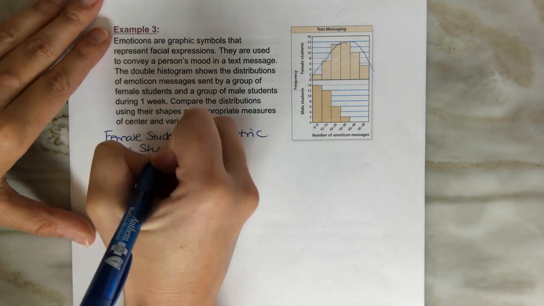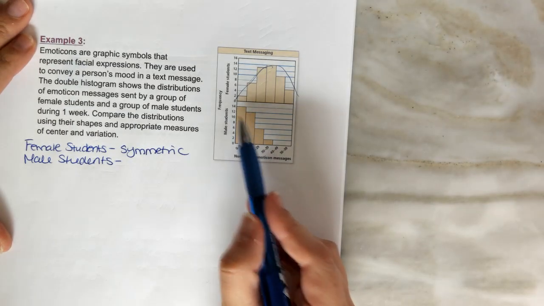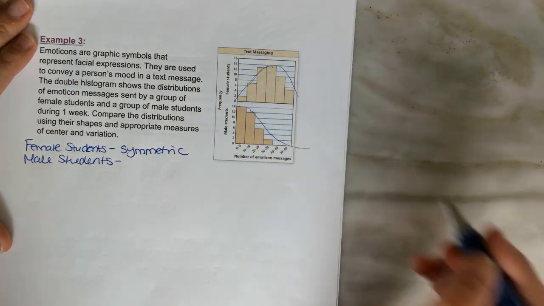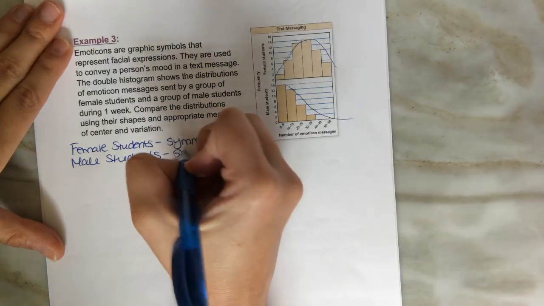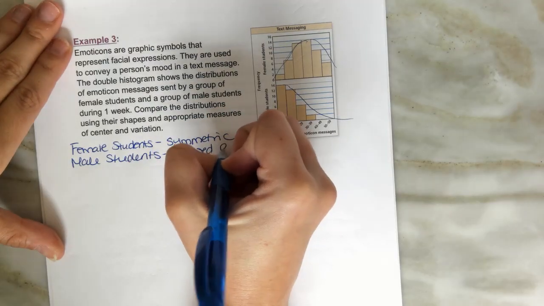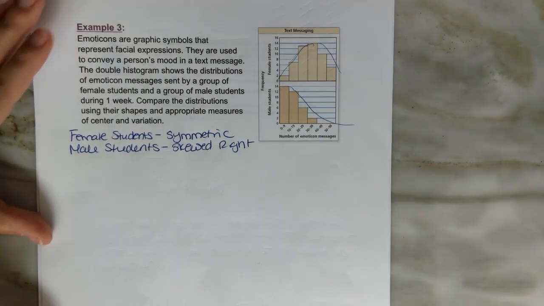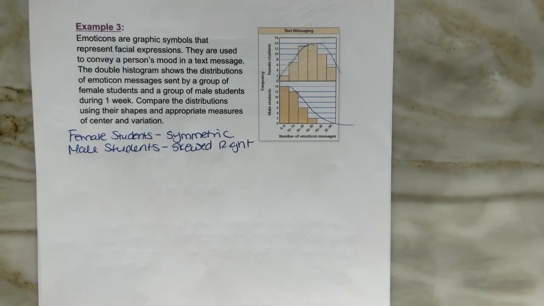Male students, you can easily see that most of the data is on the left, causing this tail to go off to the right. So that is going to be skewed right. So compare the distributions. So we just used their shapes. Female students are symmetric, male students are skewed right. So we got the shapes.